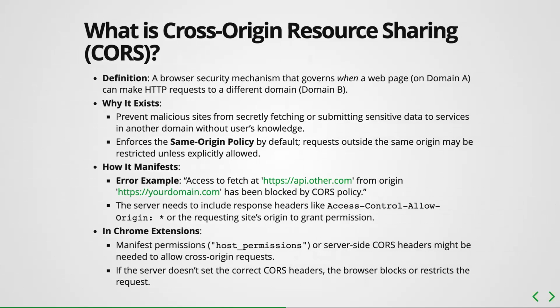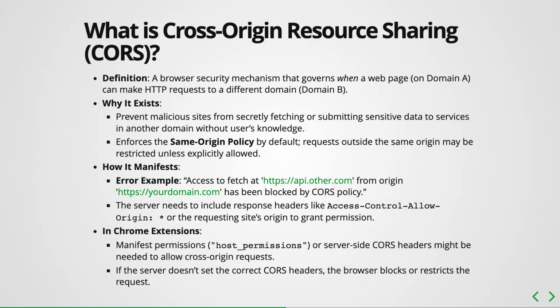Okay, there's another thing that is not Chrome extension specific, it's more web development in general, but it's something that really is an obstacle for every newcomer in web development, and that's called CORS, Cross-Origin Resource Sharing. It's a browser security mechanism that governs when a web page on domain A can make HTTP requests to a different domain on domain B. So why does it exist?